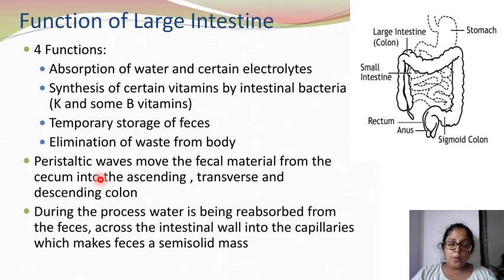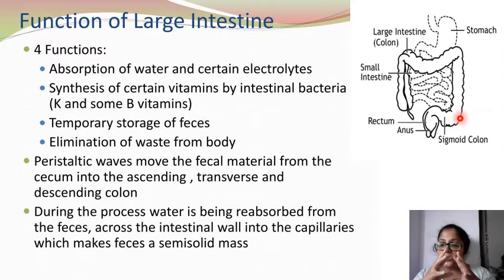Now, what happens when the undigested food materials forming stool move into the cecal point, and they move up: ascending, transverse, descending, sigmoid.